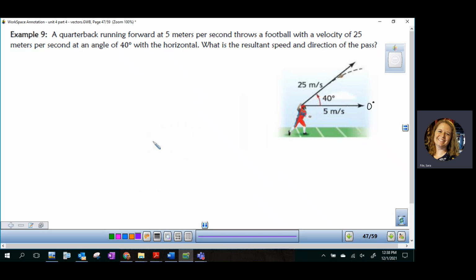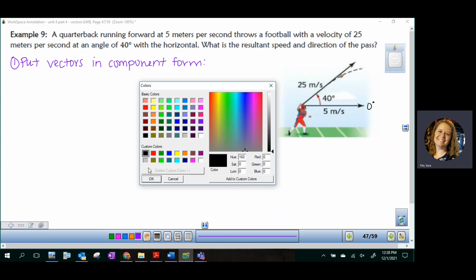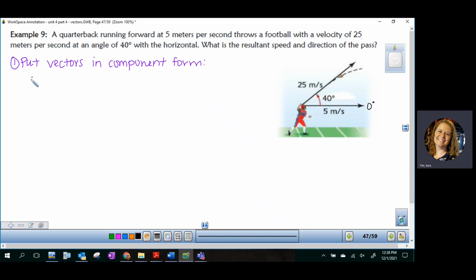I'm gonna try and write out step-by-step instructions here. So put vectors in component form. So I'm going to do the magnitude of the vector times cosine of theta, the magnitude of the vector times sine of theta. This is how I do that when I know the magnitude and the direction.